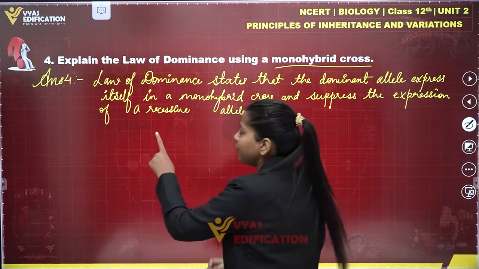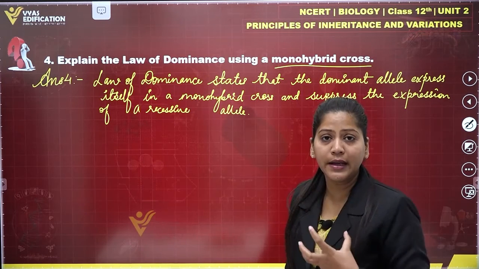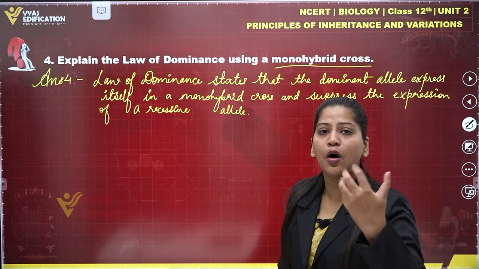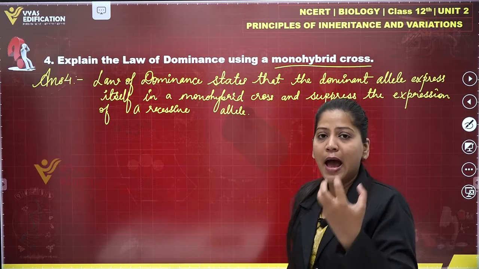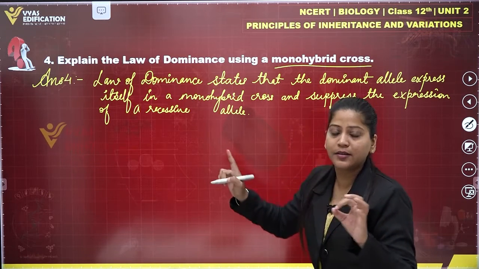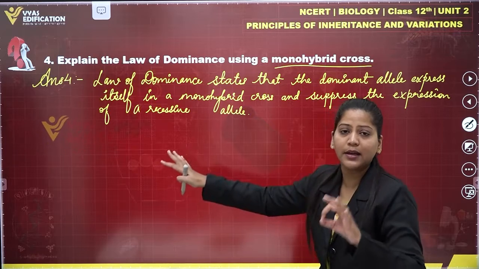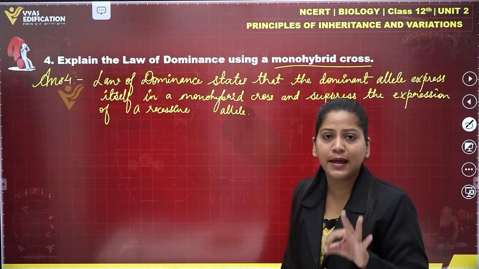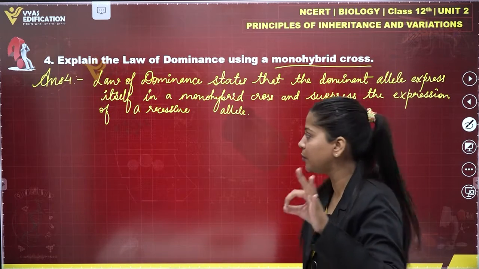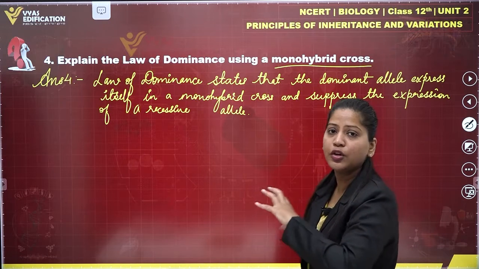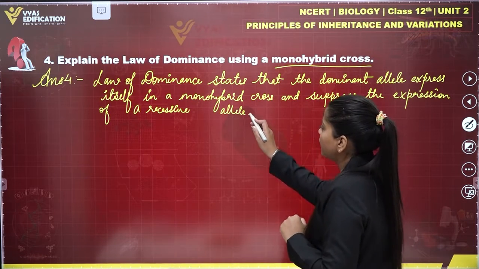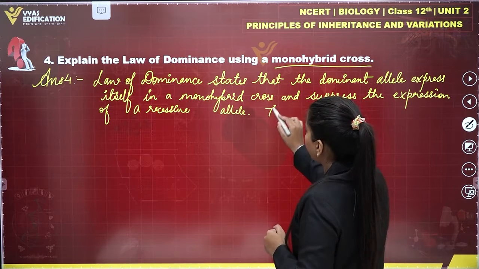The expression we are getting in a monohybrid cross is of dominant allele, of course, and the recessive allele does not mean that it is lost, it remains hidden, it remains masked there in the progeny of a F1 generation.